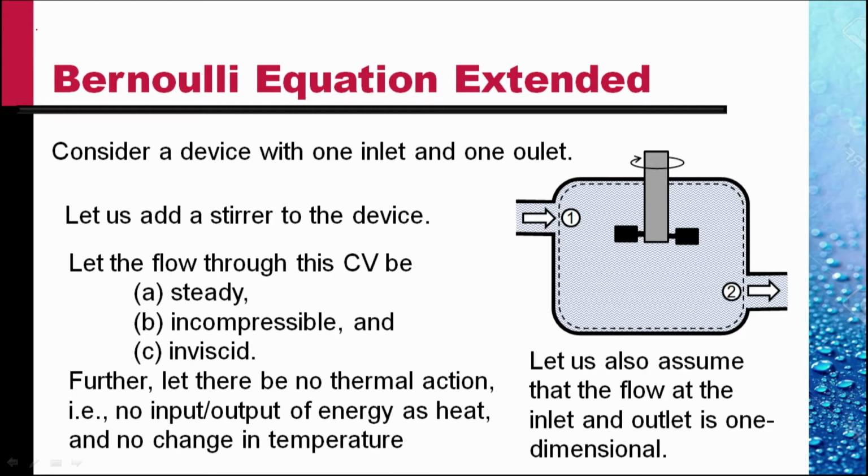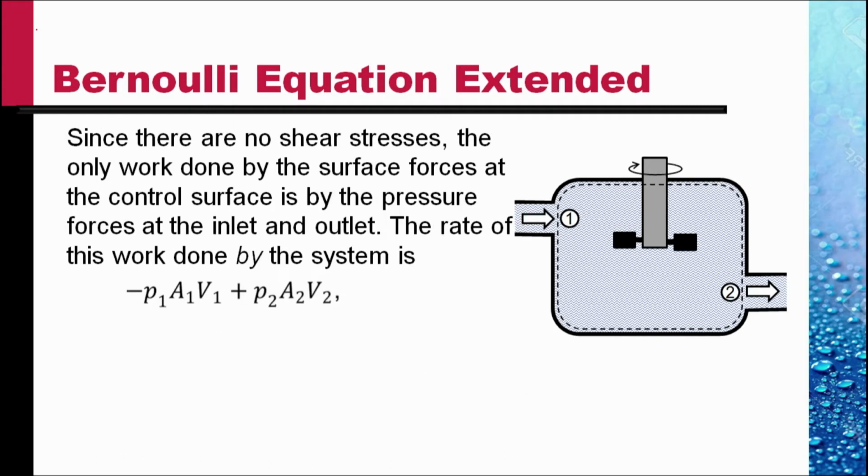Let's also assume that the flow at the inlet and outlet is one-dimensional. That is, we have uniform velocity at 1 and 2. Since there are no shear stresses, the only work done by the surface forces at the control surface is by the pressure forces at the inlet and outlet. And as we showed in the last lecture, the rate of this work done by the system is minus P1 A1 V1 plus P2 A2 V2.